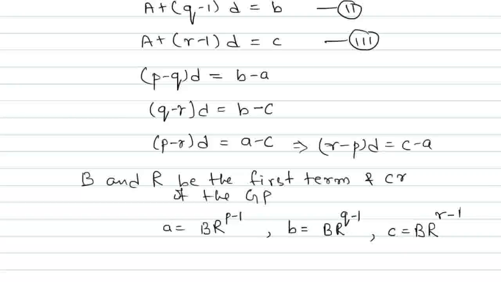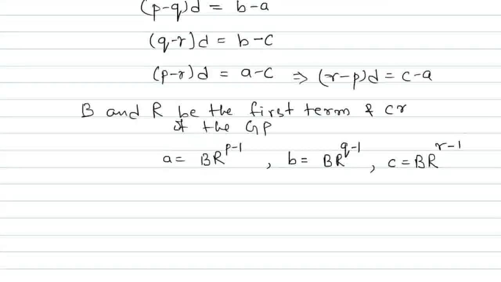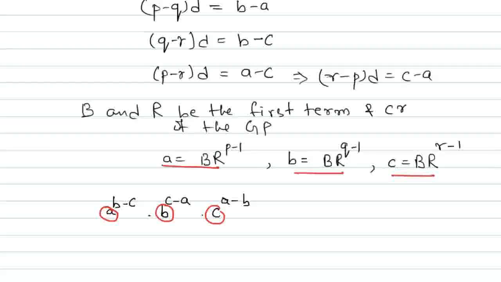Now putting the values of a, b, c from the GP terms in the expression which we have to prove, that a to the power b minus c into b to the power c minus a into c to the power a minus b, we take the values of b minus c, c minus a and a minus b from these three equations.